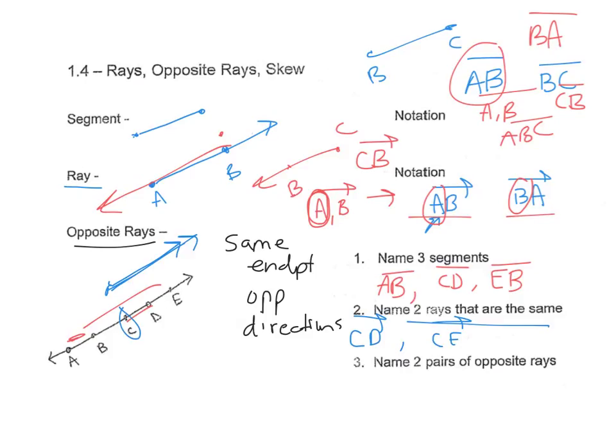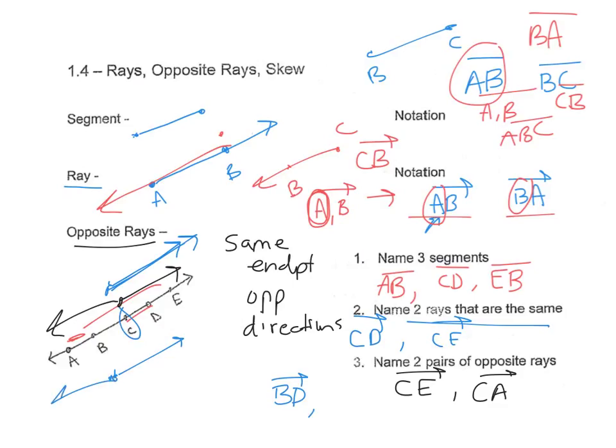So again, I'm going to start at C. So CE goes that way, it starts at C. CA goes the opposite way, and together CE and CA make a line. Another example could be BD. The ray BD is opposite with, go the opposite way, start at B, BA, ray on top.